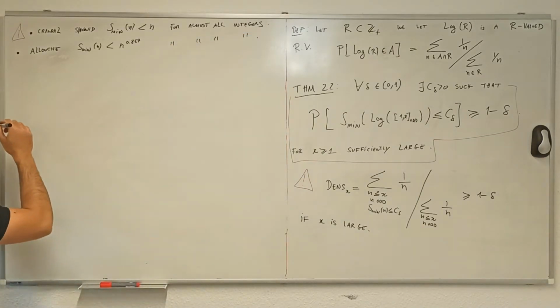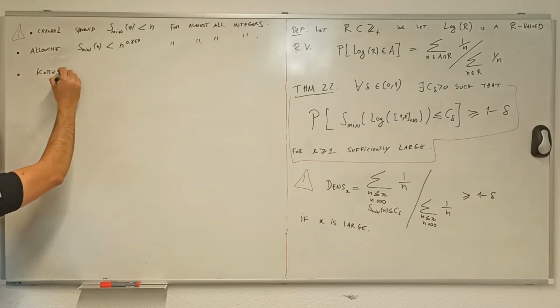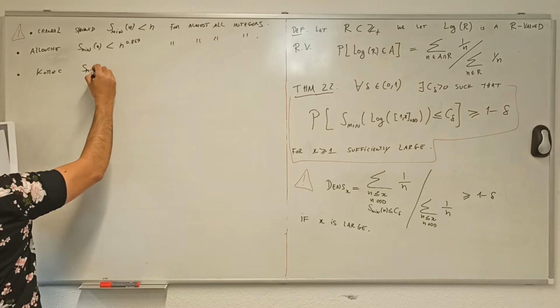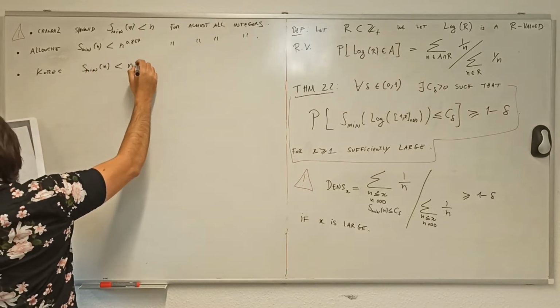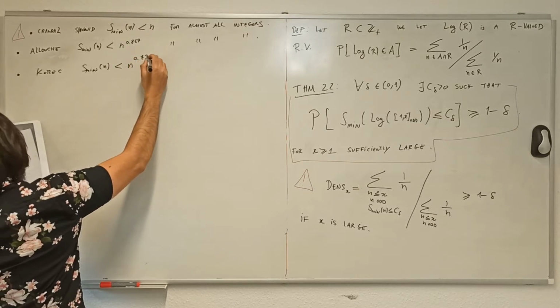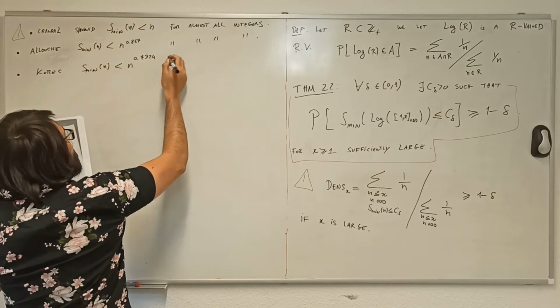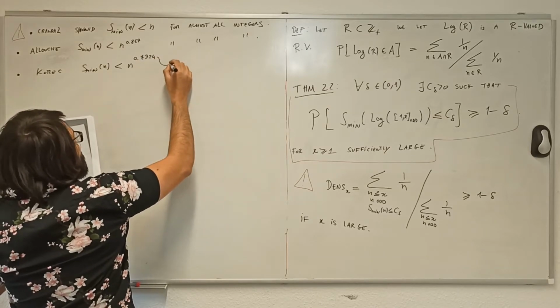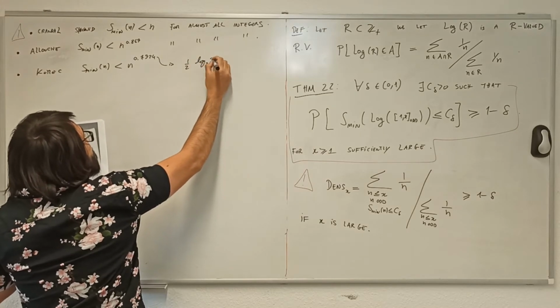And there was another improvement by Korek, which reduced this to 0.79, 24, etc. And this number is actually just a half of the log base 2 of 3.